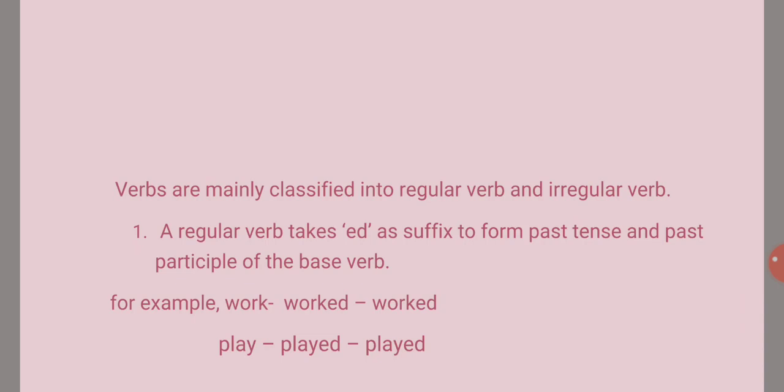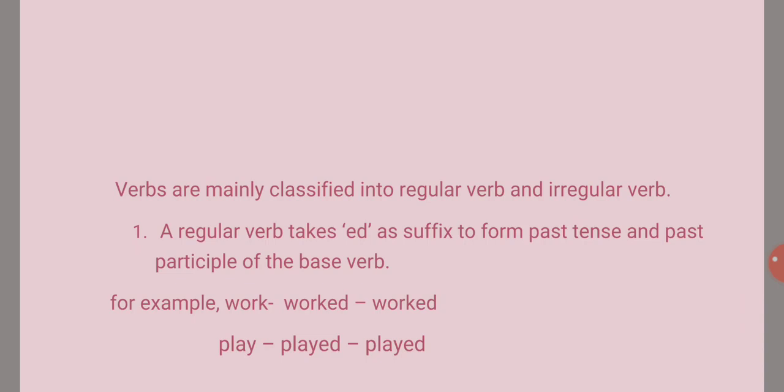For example, work is the base form and it changes in the past tense to worked with the suffix -ed, and the past participle remains worked with the suffix -ed.